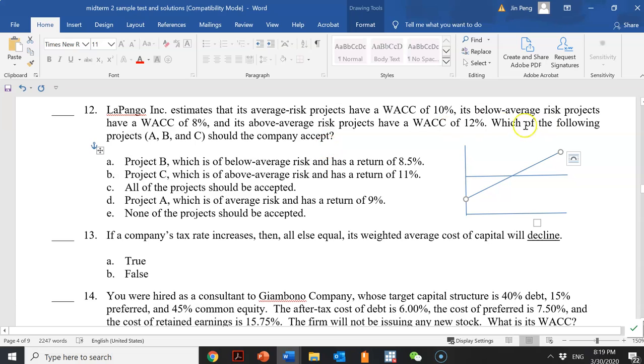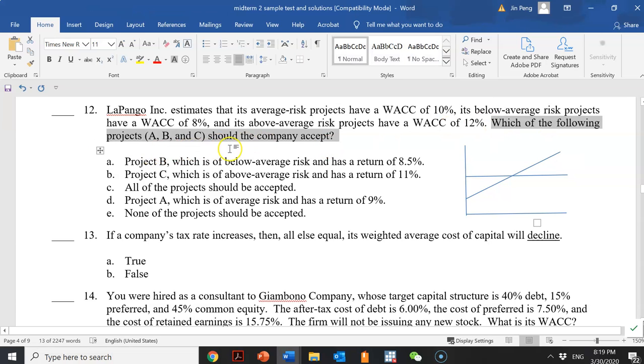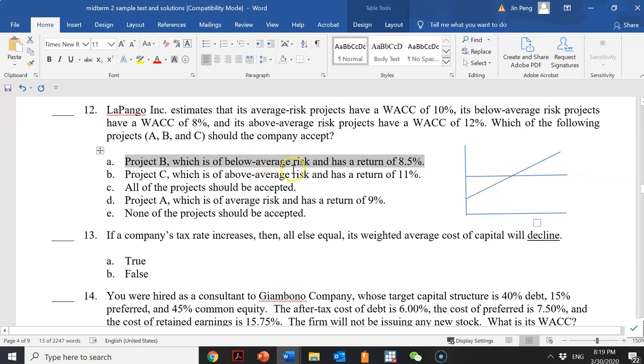So here, when we make decisions about projects A, B, and C, we should compare their return with the WACC of similar risk. Let's look at option A. This is talking about project B, which is of below average risk and has a return of 8.5%. So B could be somewhere here. It has low risk and a return of 8.5%.